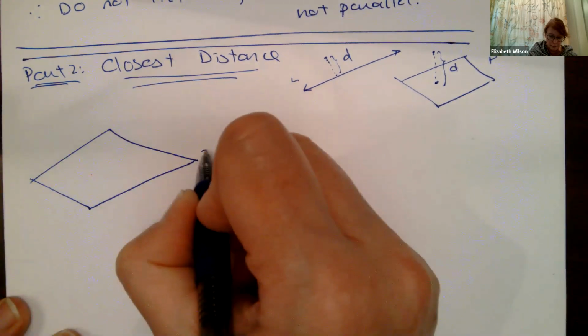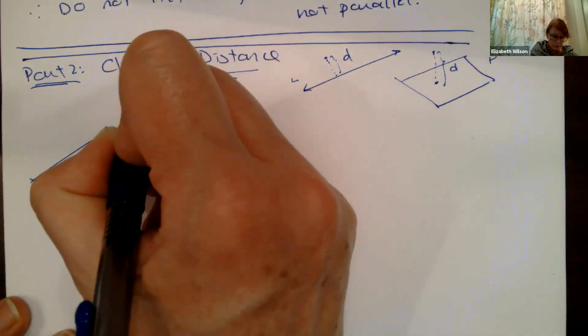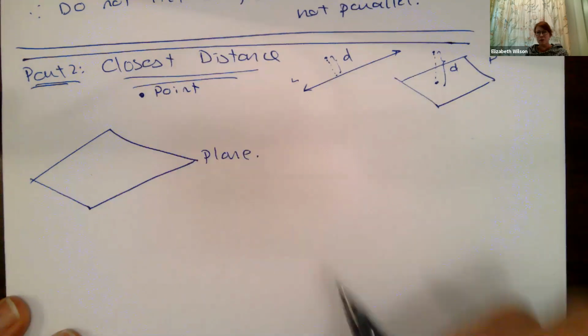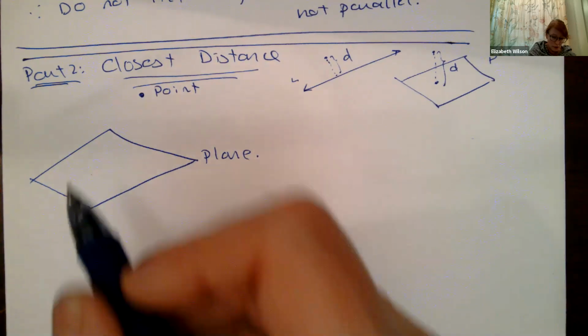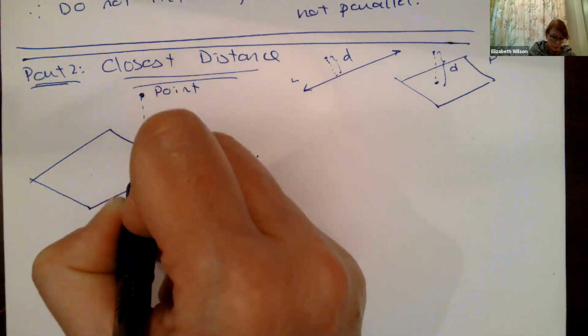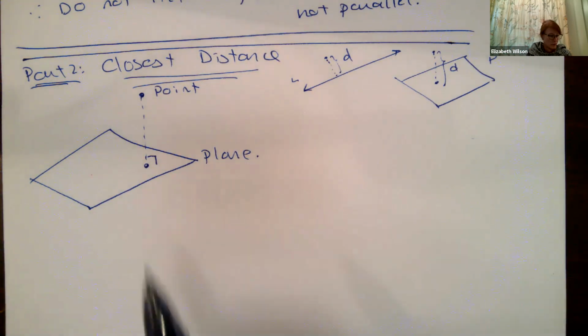So say I have a plane, and then I have a point off the plane. It's important first to check to make sure that your point is not on the plane, because if it's on the plane, your closest distance is 0. If I've got this plane and a point off the plane, the closest distance is the orthogonal. I'm just going to drop it straight down to this normal here.